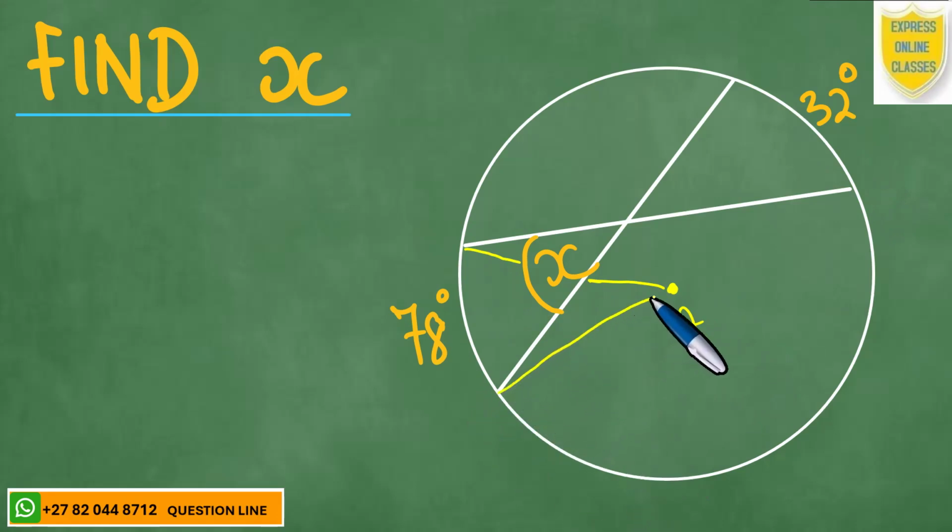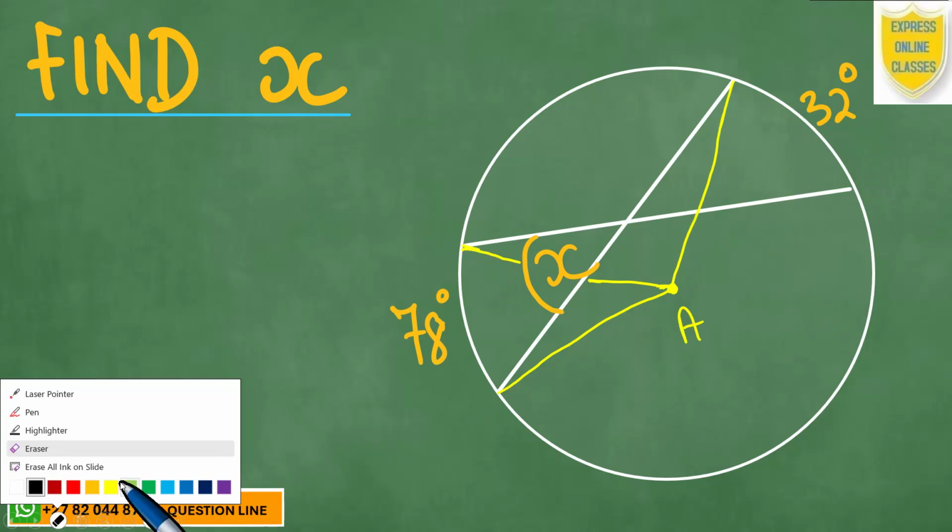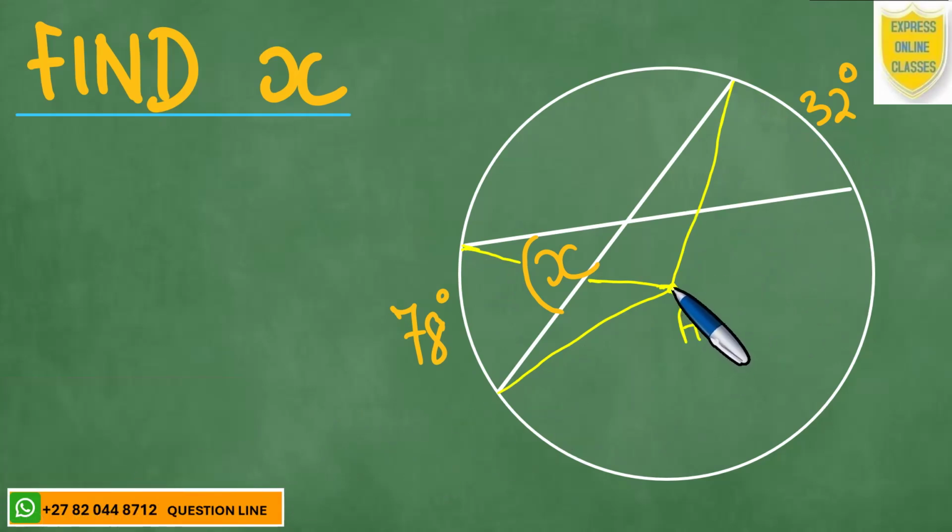And so in this particular case, the measure of this arc is the measure of this central angle. So the measure of this arc is 32 degrees, which is the measure of this central angle. The measure of this particular arc here, 32 degrees, is the measure as well of the central angle here.